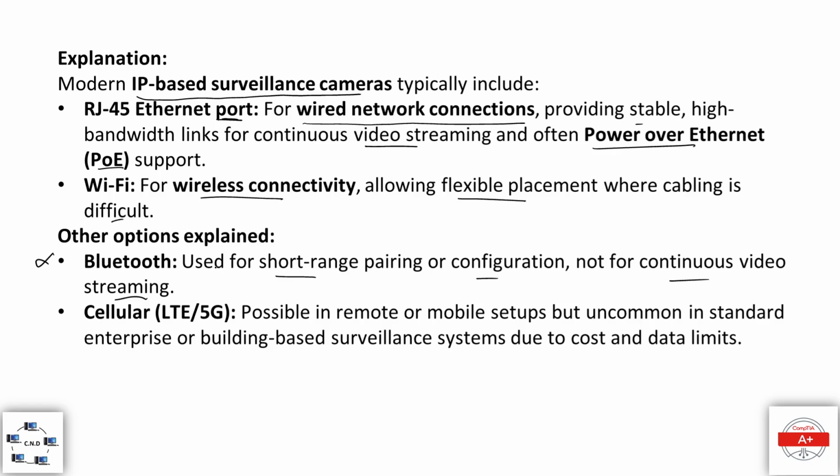As we all know, Bluetooth data transfer is very slow and it cannot be used for video streaming. Cellular, that is LTE and 5G, is possible in remote or mobile setups but uncommon in standard enterprise or building-based surveillance systems due to the cost and data limits.